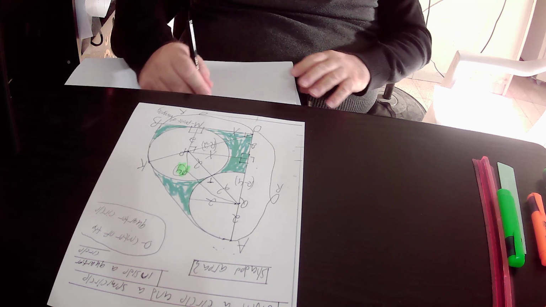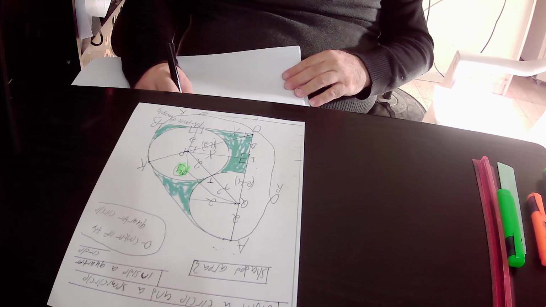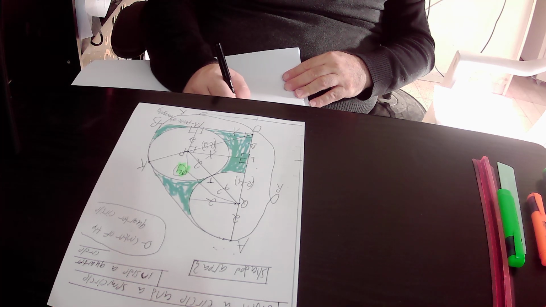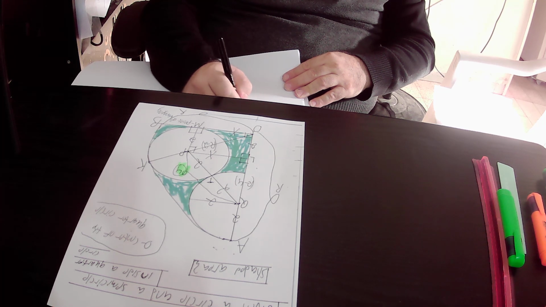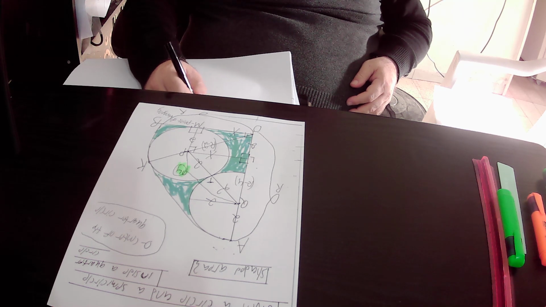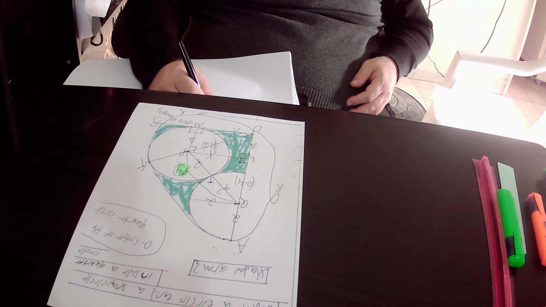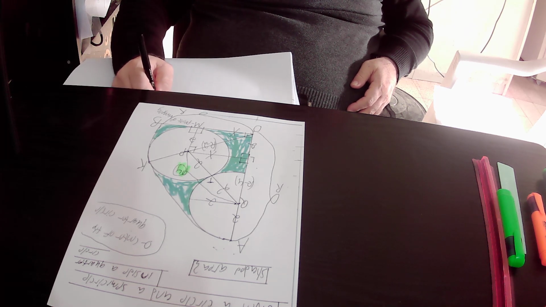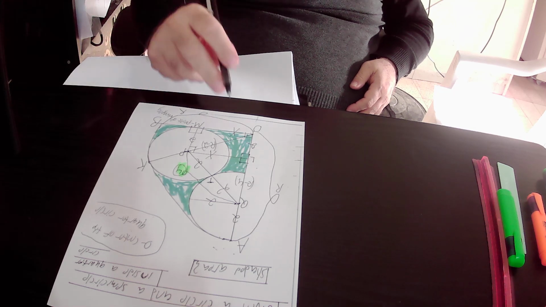The value of this shaded area will be equal to the area of the quarter circle minus the area of the circle minus the area of the semicircle.